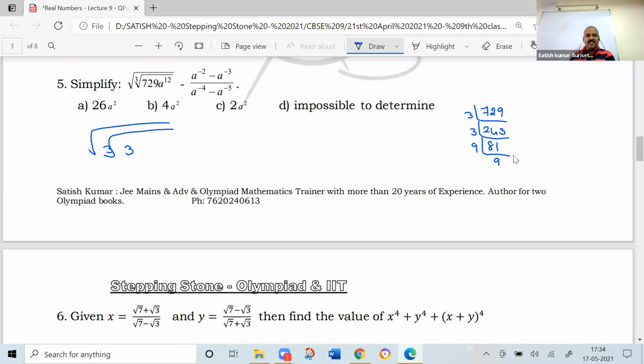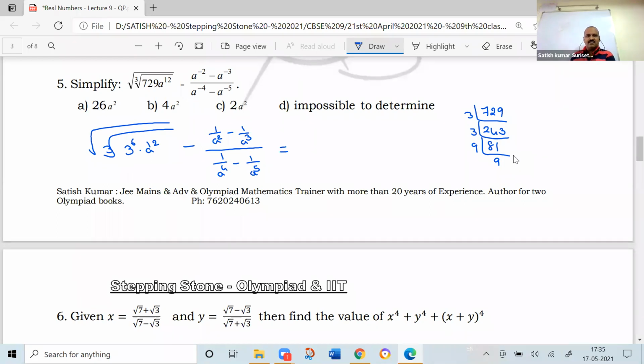That means 3 to the power 6 into a to the power of 12, minus a to the power of minus 2, minus a to the power of minus 3. So a to the power of minus 2 can be written as 1 upon a square, minus 1 upon a cube, whole divided by a to the power of minus 4 as 1 upon a to the power 4, minus 1 upon a to the power 5.